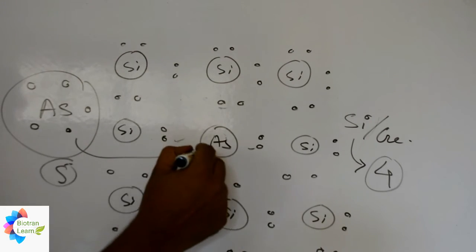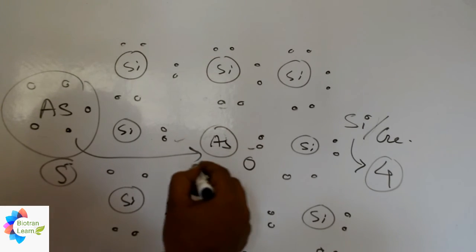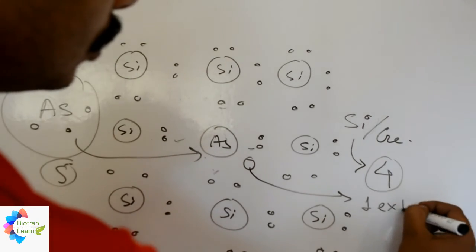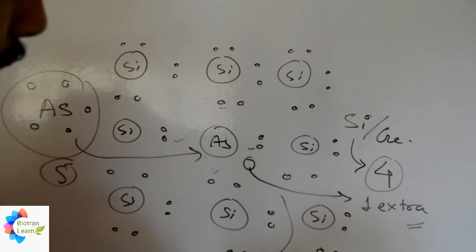What would happen if I introduce it in this section? Then we will get one extra electron, and this one extra electron will help us to conduct electricity.